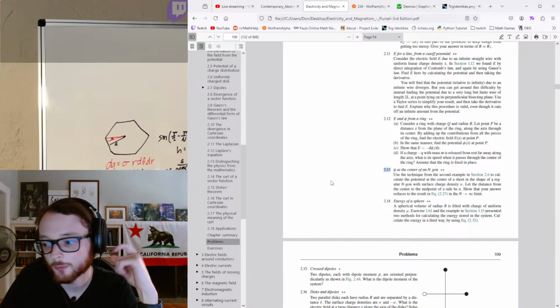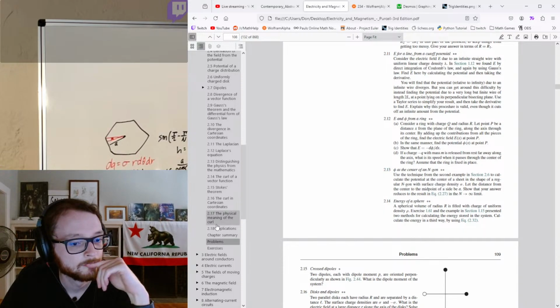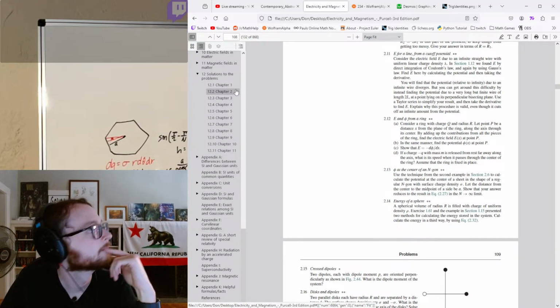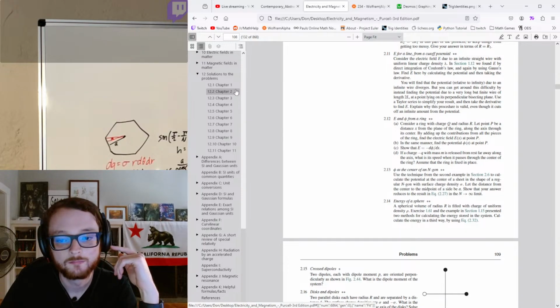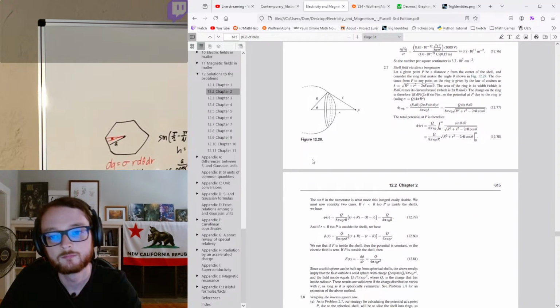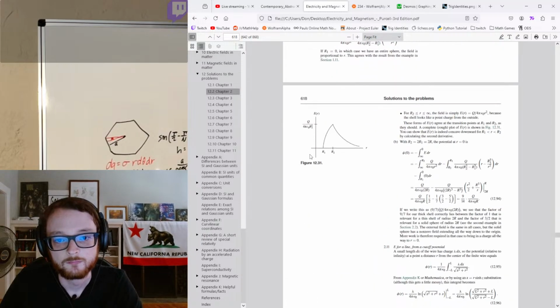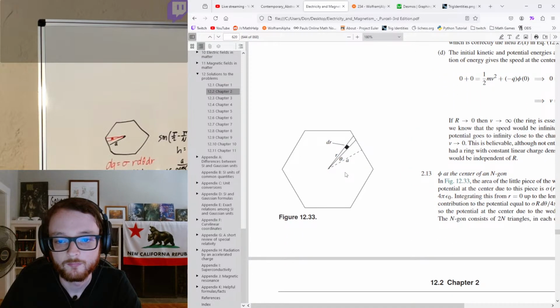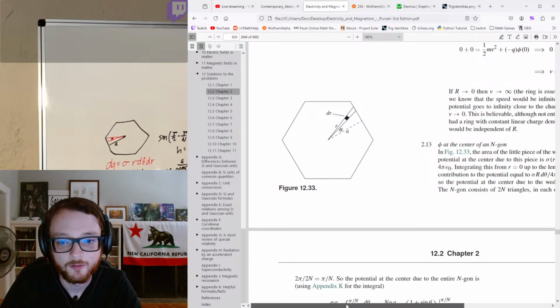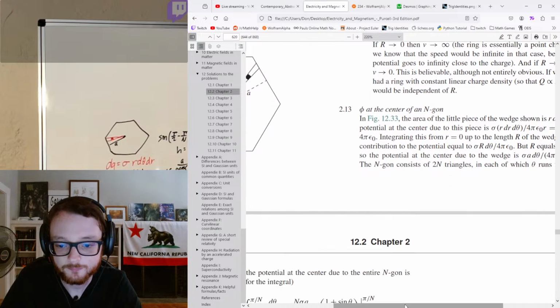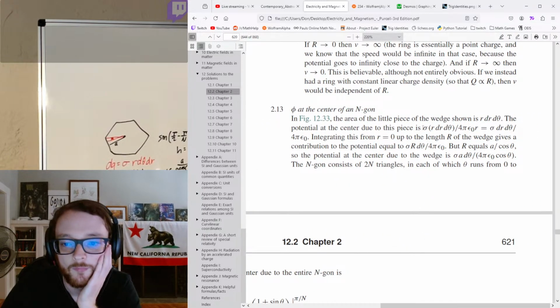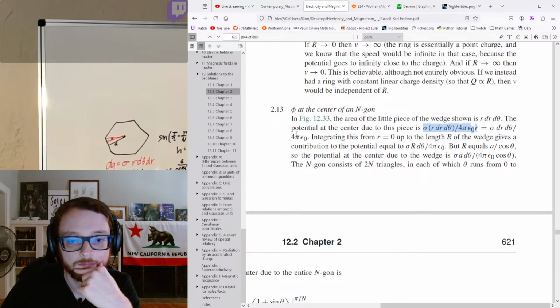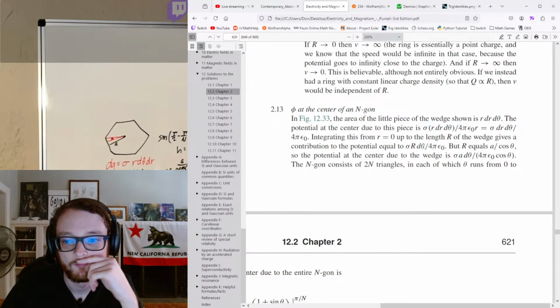I'm going to check my answer for 2.13. That looks familiar. That matches. A over cosine theta. Good.